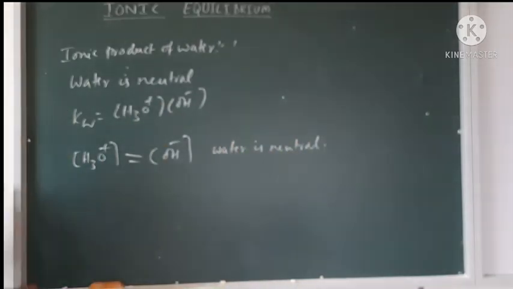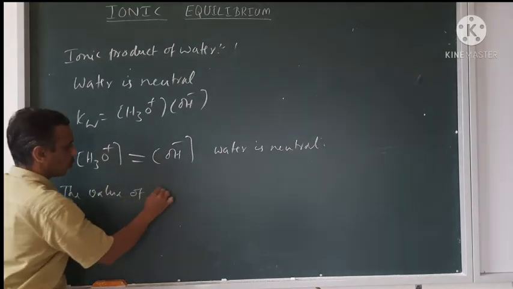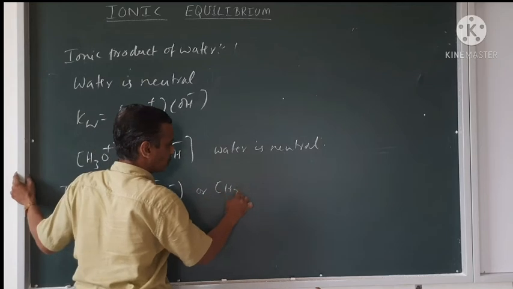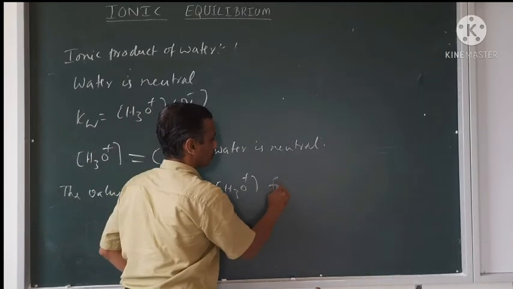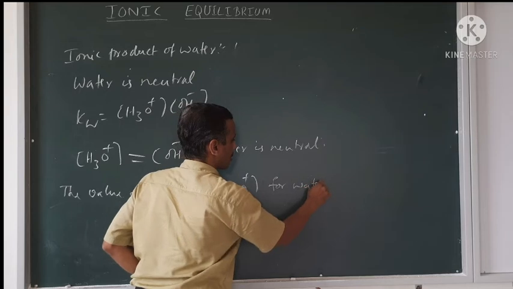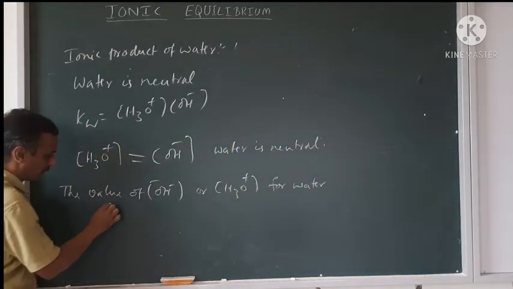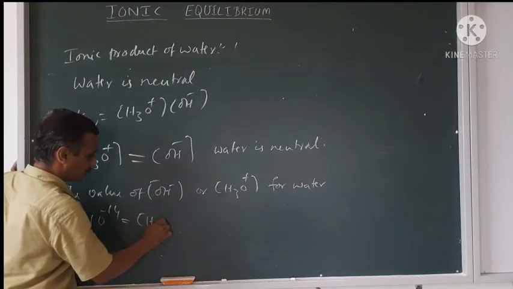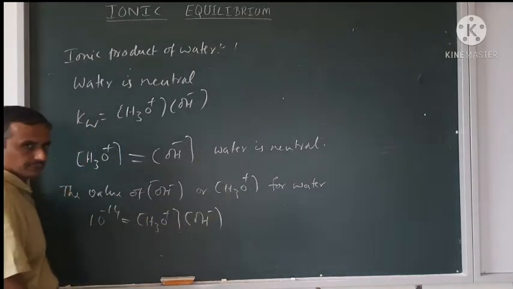So what is the value of OH minus concentration or H3O plus concentration for water? What's happening? Kw is 10 to the power minus 14, which is equal to H3O plus into OH minus concentration.